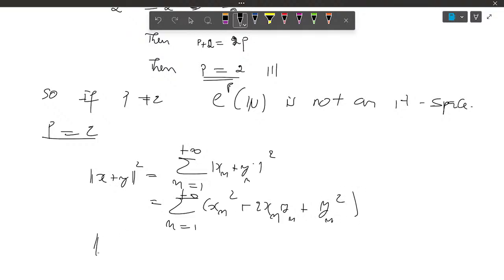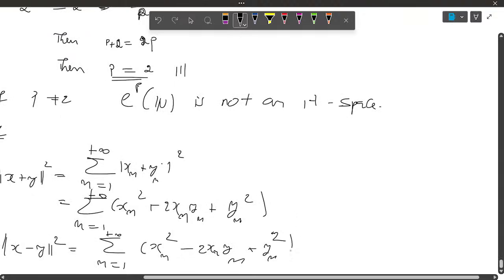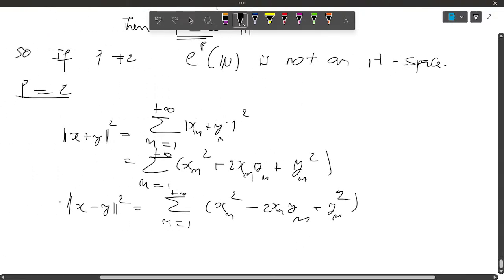Then for x minus y, we do the same computation: we get xn square minus 2 xn yn plus yn square.